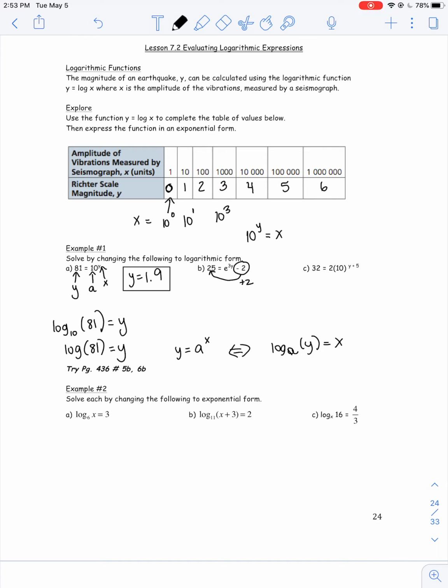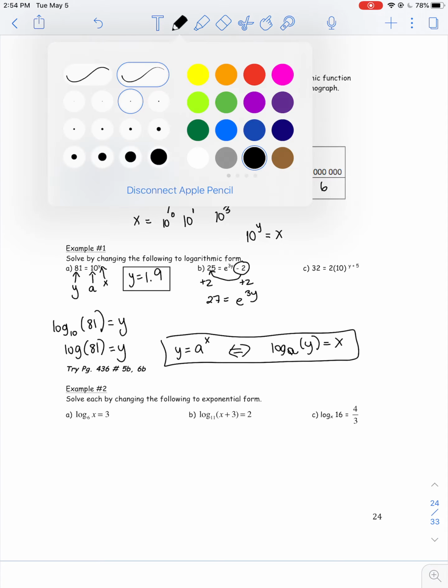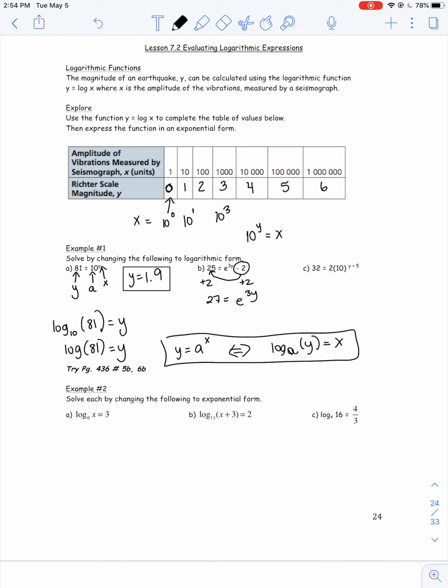For the next one, whenever we have a value other than our base and our exponent, we're going to move it to the other side. So we're going to add 2 to both sides first. That gives us 27 equals e to the power of 3y. Again, we're going to use this form to rewrite it.